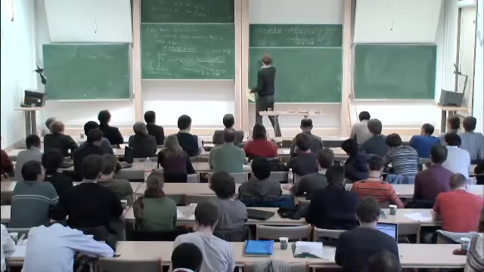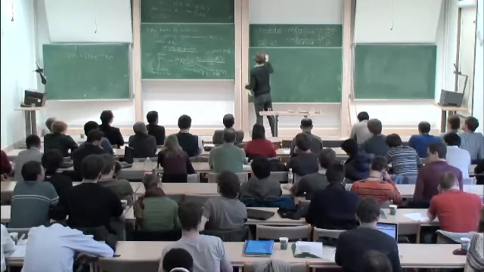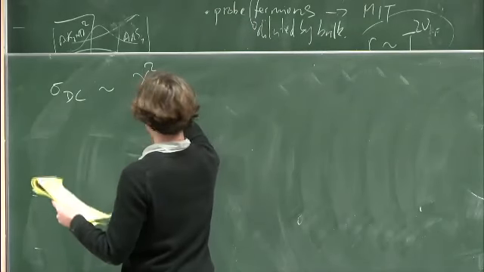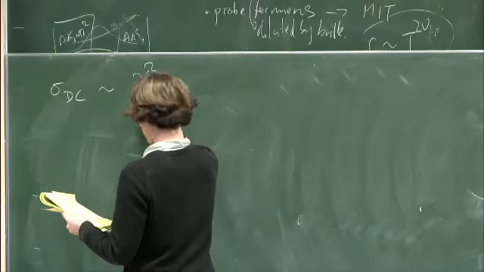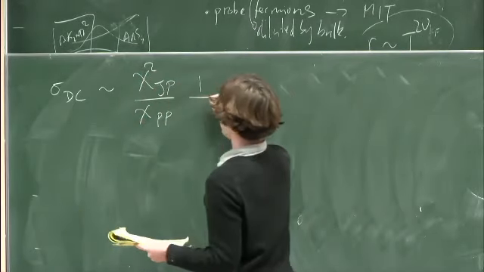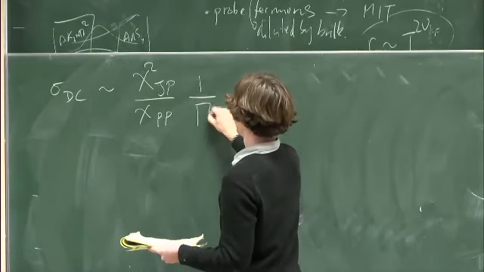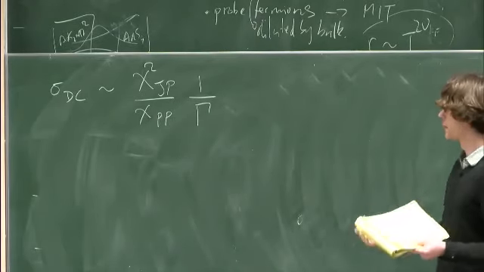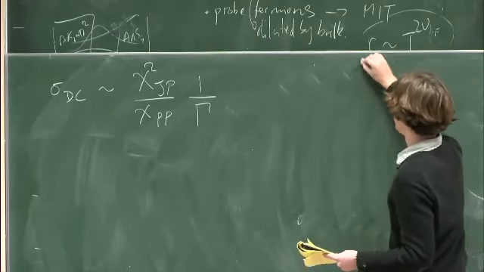Once you've got this gamma, the DC conductivity is what we had before, these susceptibilities, but instead of the 1 over omega, you get this rate of relaxing momentum.